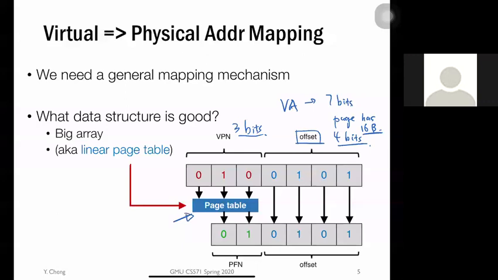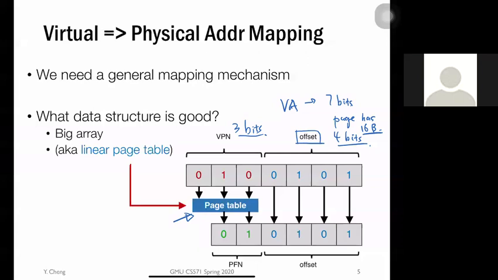What particular data structure is used to implement a page table? In its simplest form, the operating system could use a linear array to implement the page table. The index of the page table data structure is essentially the virtual page number.